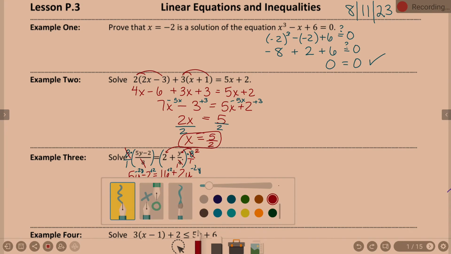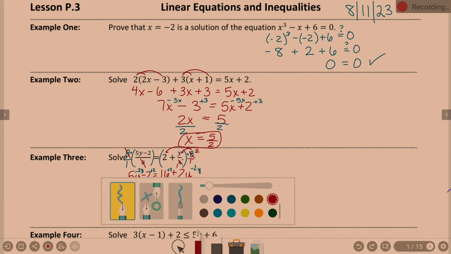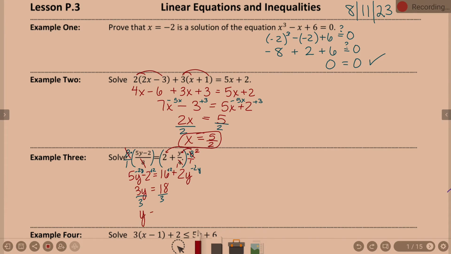So then we end up with 3y equals 18. Little division. If we divide both sides by 3, we're then at y equals 6.